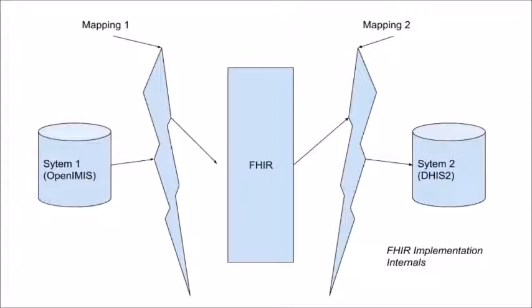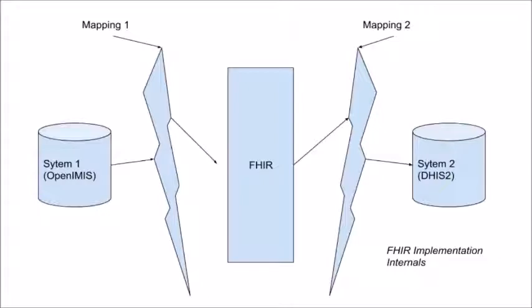At the openIMIS side, at the database level, you have to map in a certain way so that the relevant data is available as a FHIR representation. And then in order to consume that data, you have to model it in a specific way in your system. So it's a three-way mapping internally.